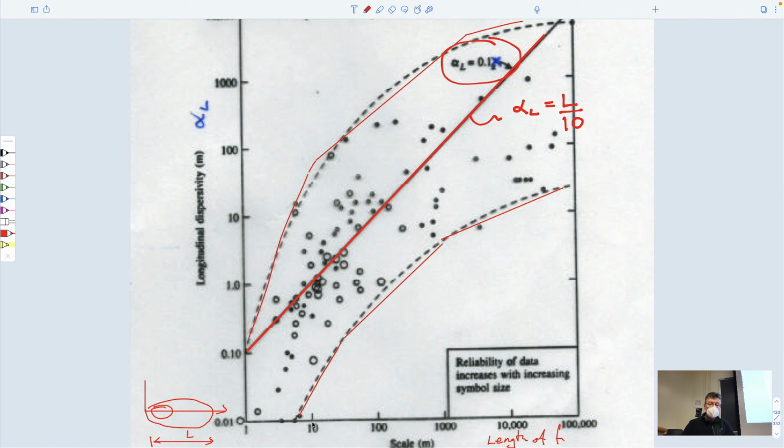have a site where your plume is 10 meters long, then that means that if you want to constrain your dispersivity, then it could be between a value of 10 to the minus 2 and 10 to the 2.